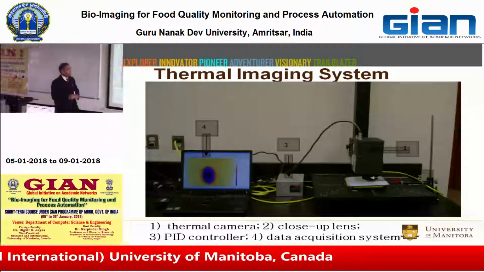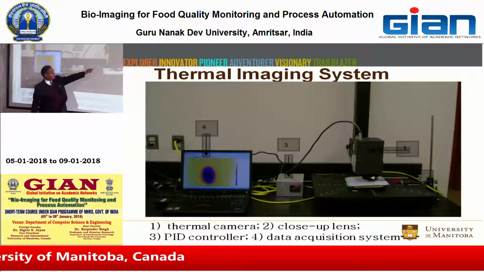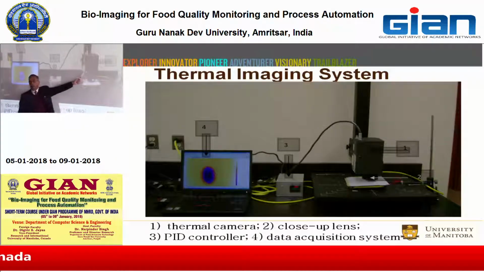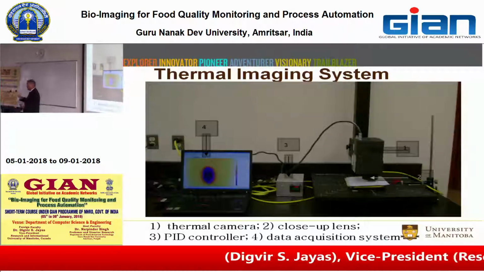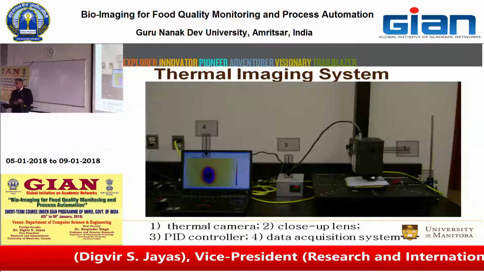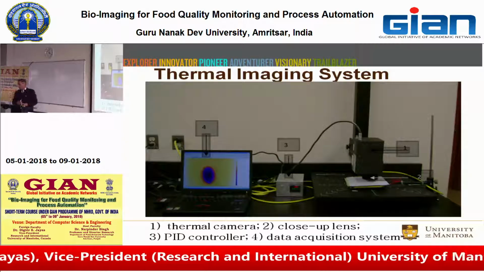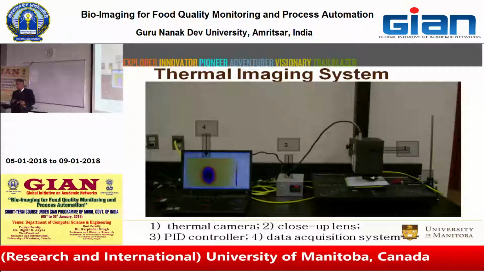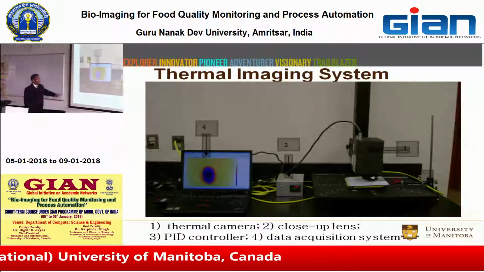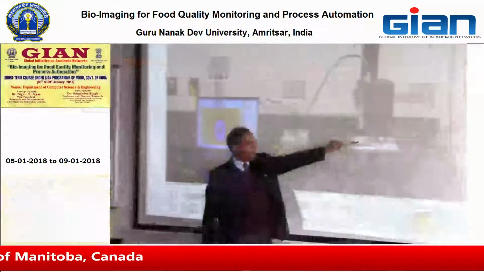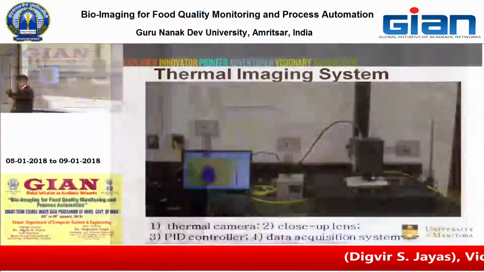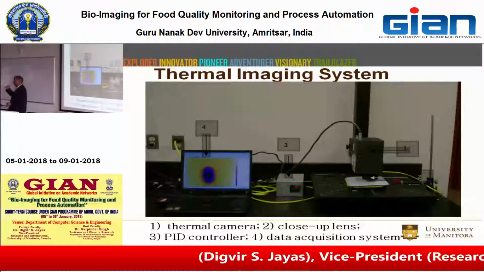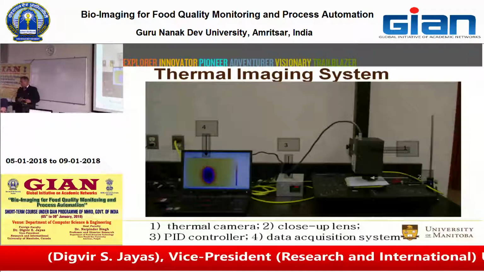So what you have, this one here is the thermal camera. Number one is the thermal camera, and that basically is going to give you the image. But in this particular one, the number 2 is the close-up lens. So that is basically shown here, and that would basically move closer to the sample or allow you to move, maintain the constant spatial distribution.